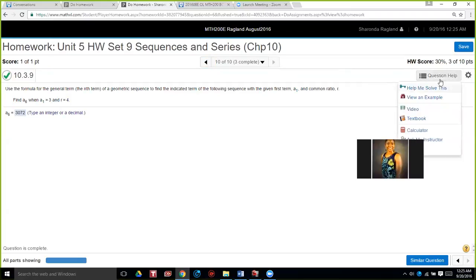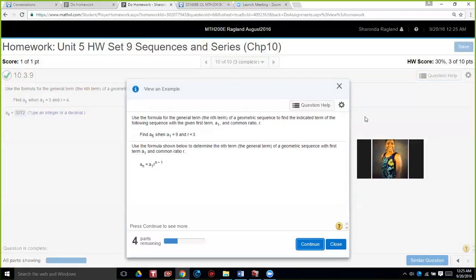So if we're not sure, we go into the example and we can see that the formula to determine the nth term in a geometric sequence is a sub n is equal to a sub 1 times r raised to the n minus 1. So this is what we're using.